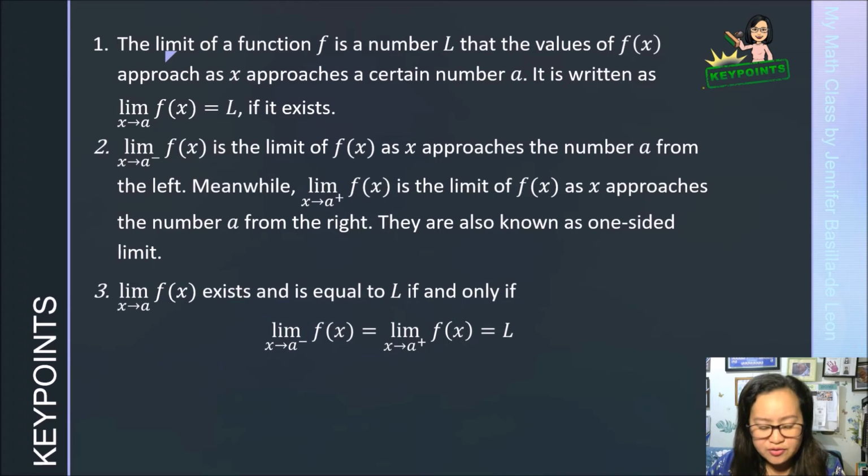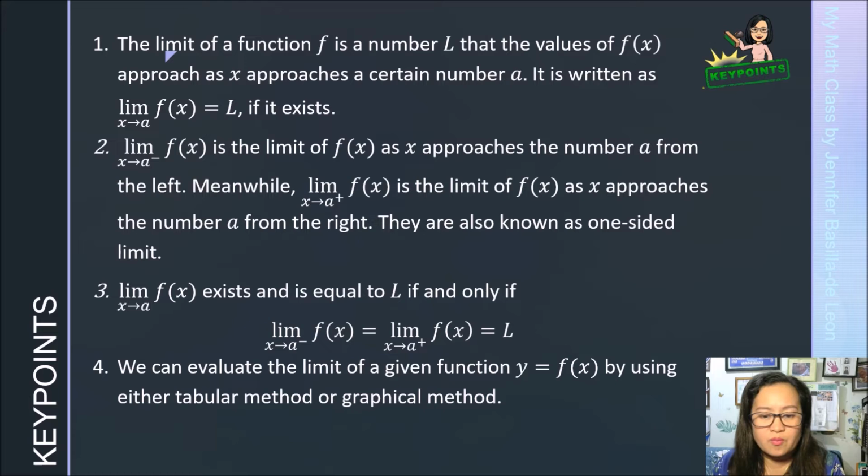So the third concept would be: the limit of f of x exists and is equal to L if and only if the limit of f of x as x approaches a from the left is equal to the limit of f of x as x approaches a from the right, which is equal to L. Now, we can evaluate the limit of a given function, y equals f of x, by using either the tabular method or the graphical method.